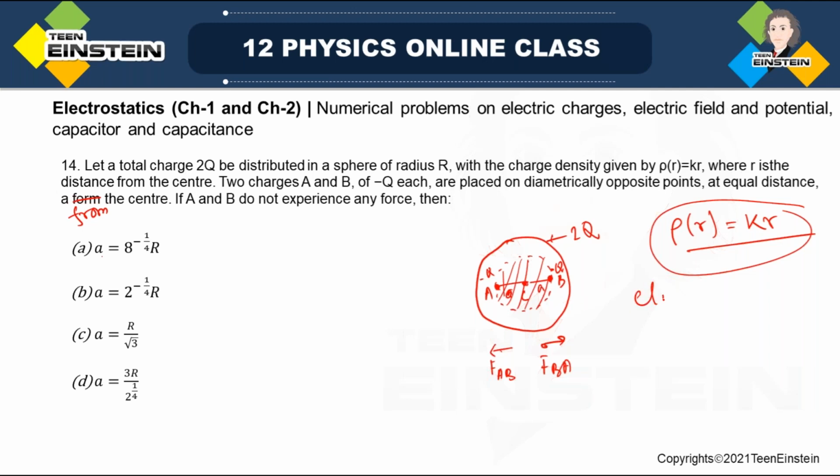So here the key point is that the magnitude of the repulsive force must be balanced by an attractive force.